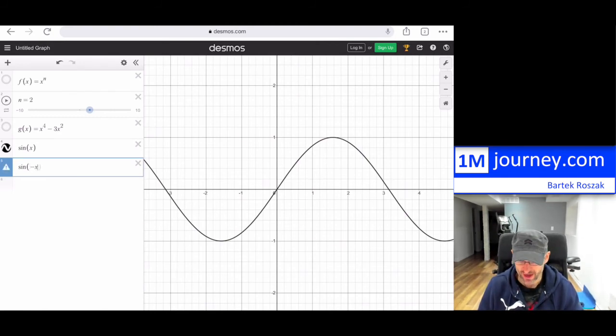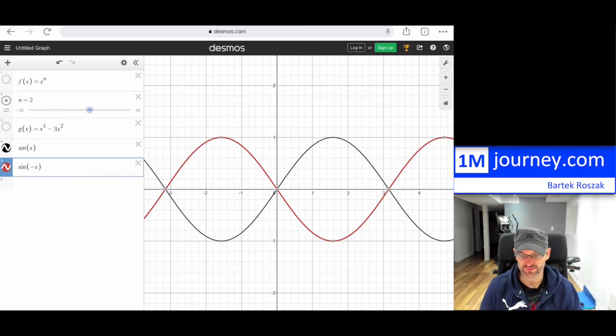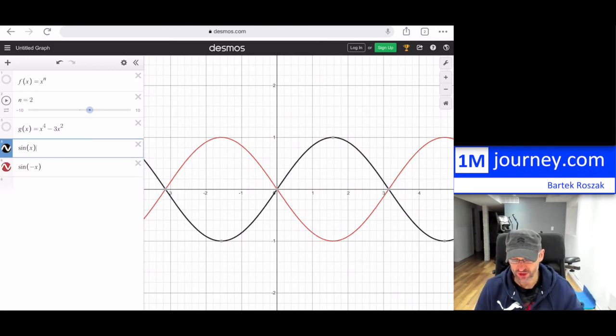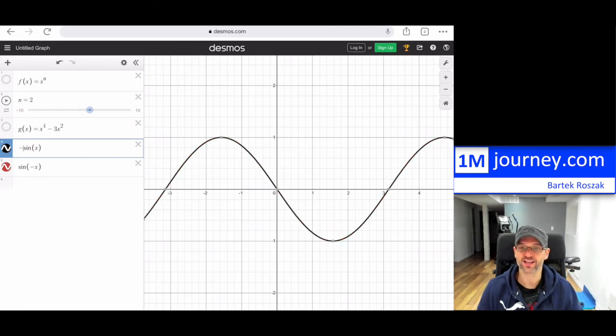So if I put negative x in here, and now substitute it back in, notice that all of a sudden it flips, which means that it should be, because it's odd, the negative of our original function. And if I do the negative, it gives me exactly that back.